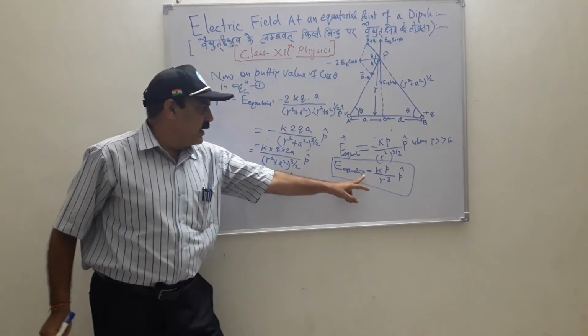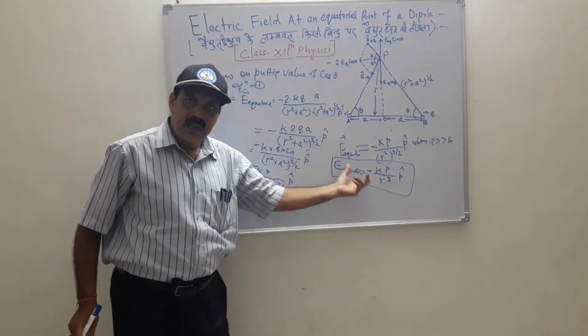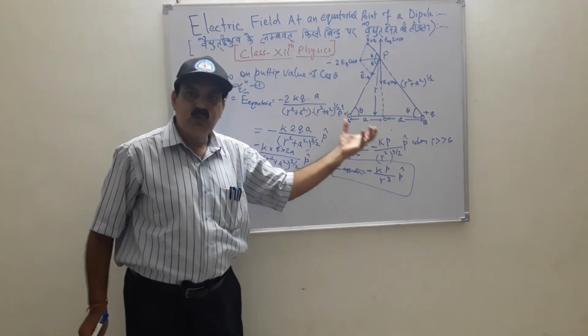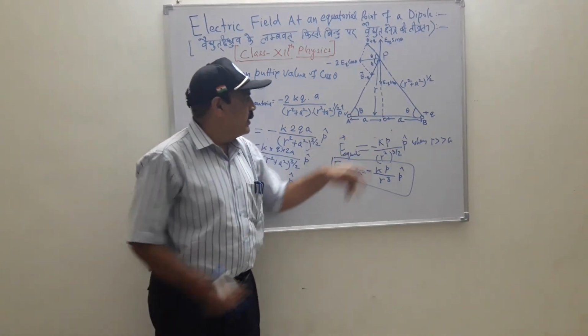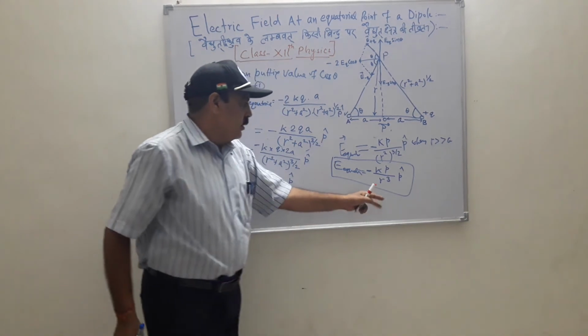This gives negative. Negative means the direction of the resultant or effective electric field at P due to the dipole is opposite to the direction of the dipole moment. The direction of the dipole moment is in this direction.